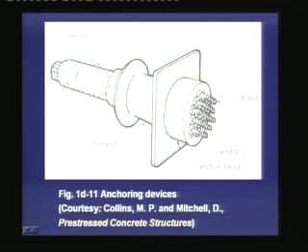Now, in an anchorage block, there are several strands which can be held in place by the wedges. The anchorage block consists of an anchor head and which rests on a bearing plate. The bearing plate will get the reaction against the concrete.